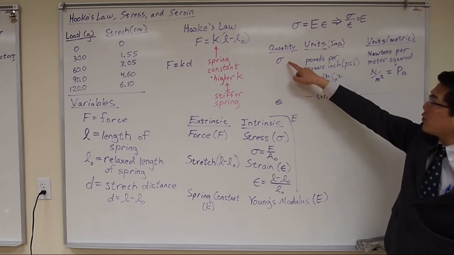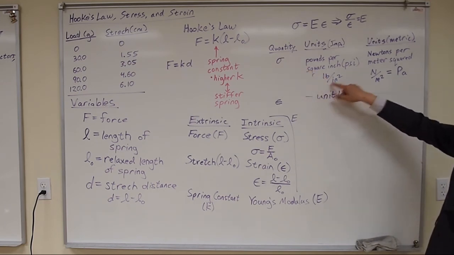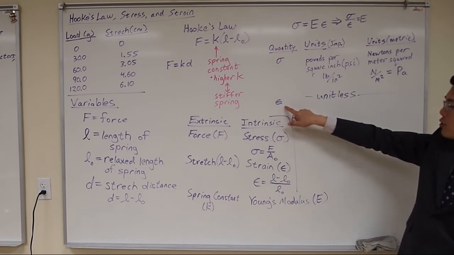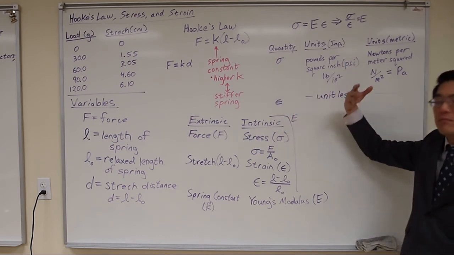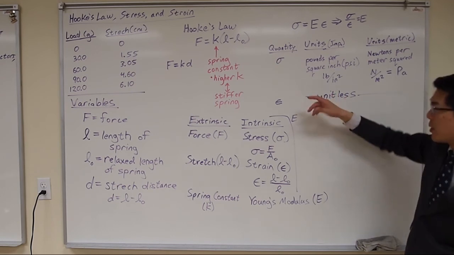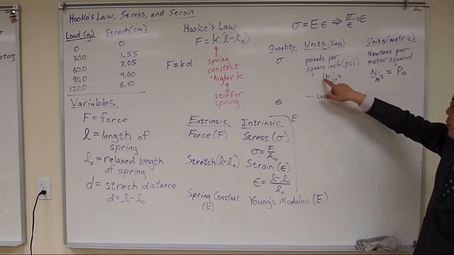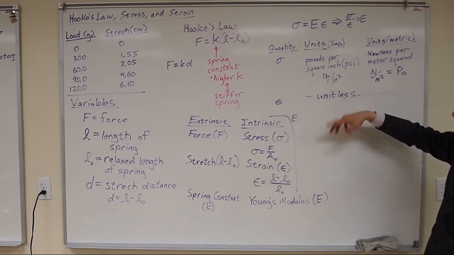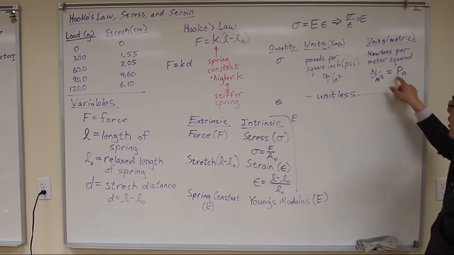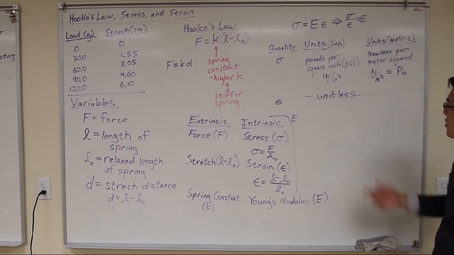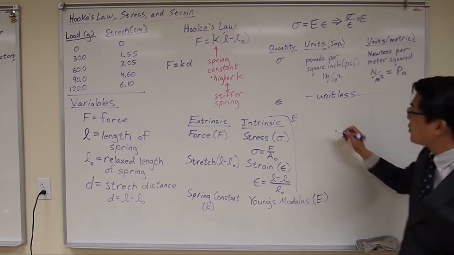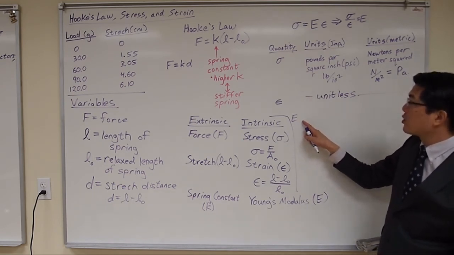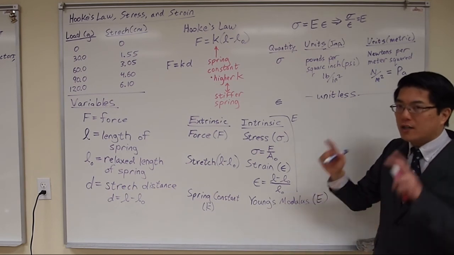So the units for stress are psi in imperial and pascals in metric, and the units for strain are unity, nothing, well, not nothing, nothing implies 0. So pounds per square inch divided by 1 is still pounds per square inch. Pascals divided by 1 is still pascals. So the units for the Young's modulus and the units for stress are the same.